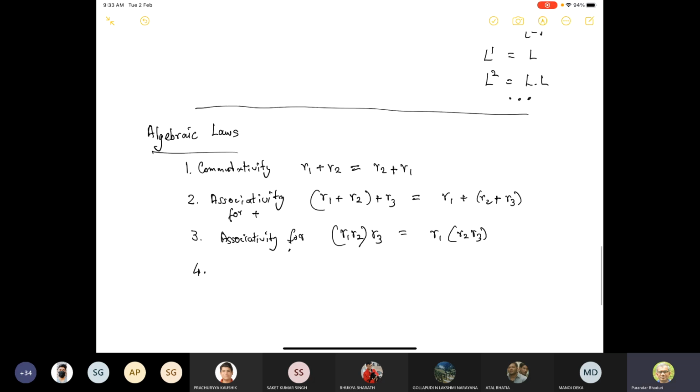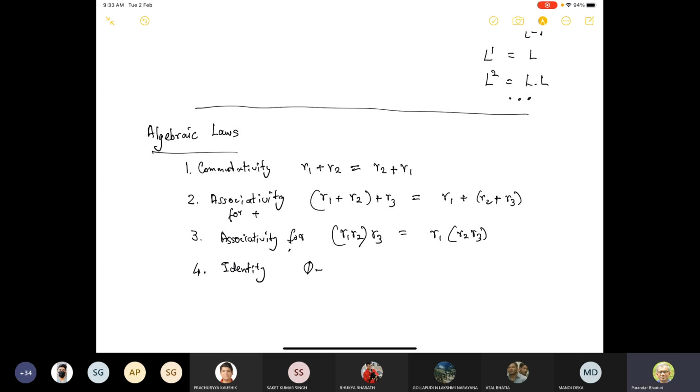And then there are some identity laws. So for instance, the empty set is the identity for addition.